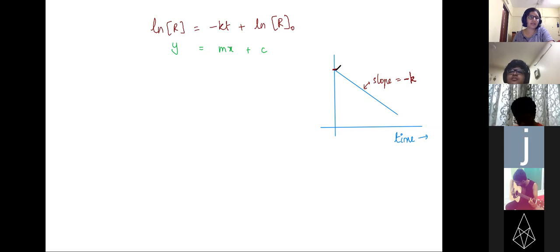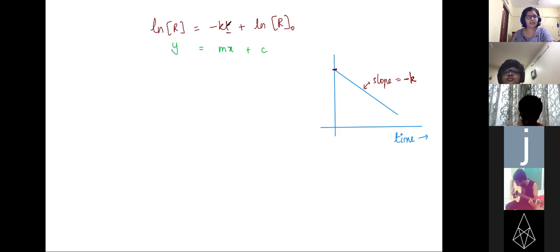Before we get the y-intercept, the variation is going to be linear. What will be on the y-axis here? What should I write on the y-axis? The x-axis is time t, the independent variable. What will the dependent variable be? The concentration only? Just compare this equation word to word.